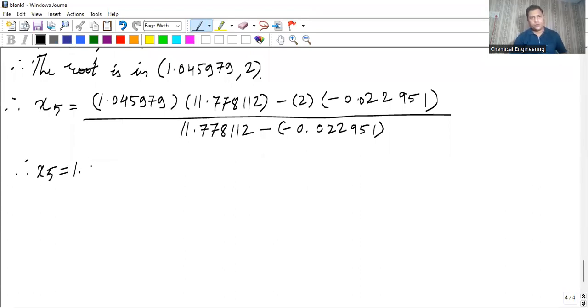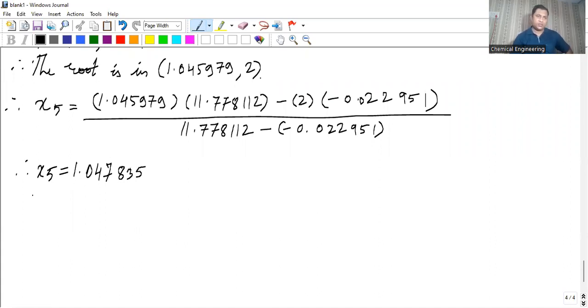So what is the value of x5? 1.04 and some more. 1.047835. So you can see two digits are matched.